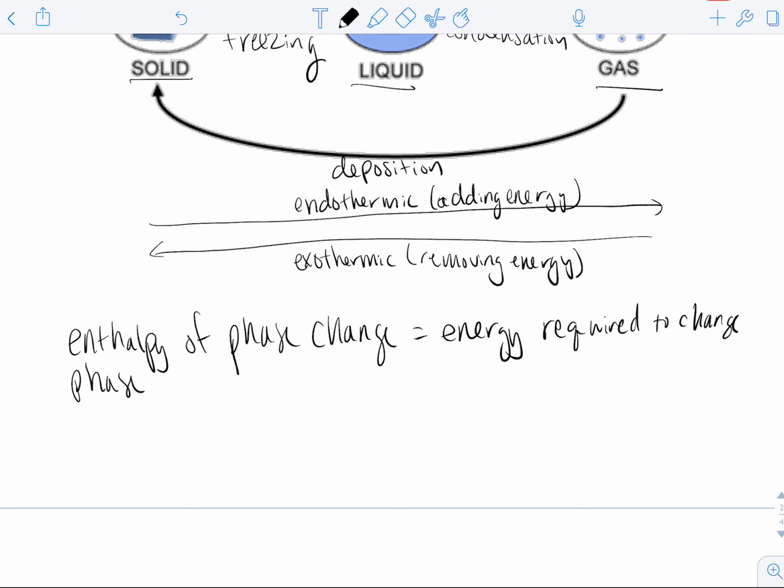So if our enthalpy is going from a solid to a liquid, we call the energy there the enthalpy of fusion or heat of fusion.